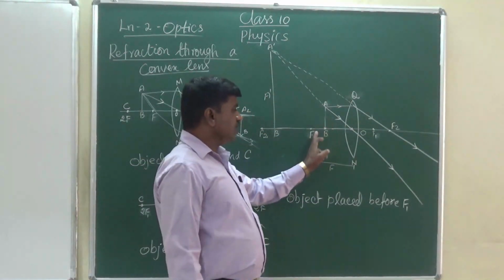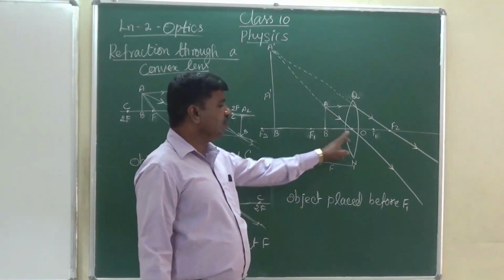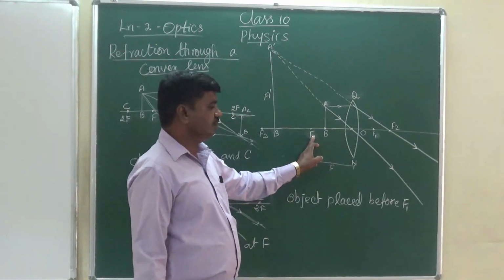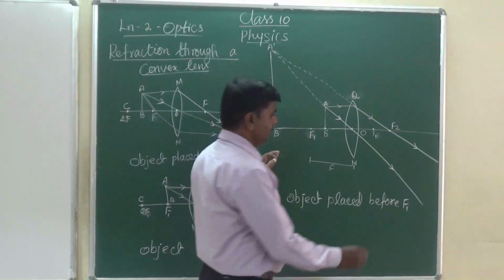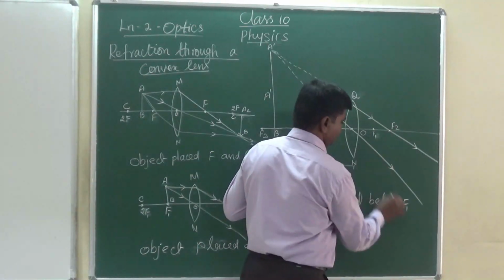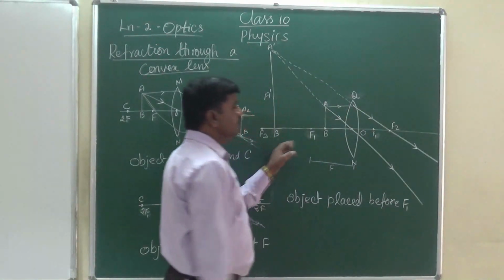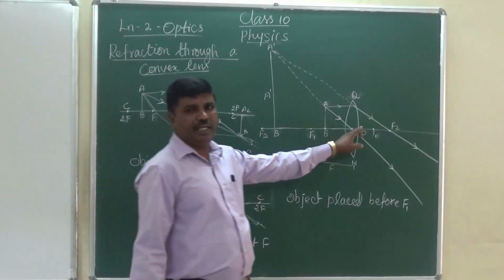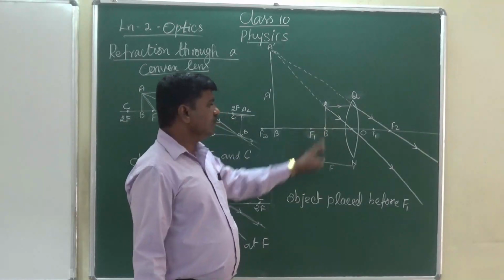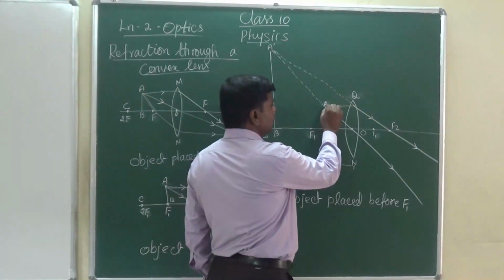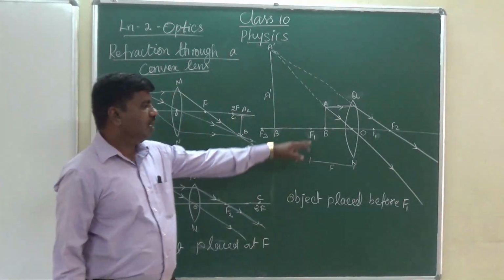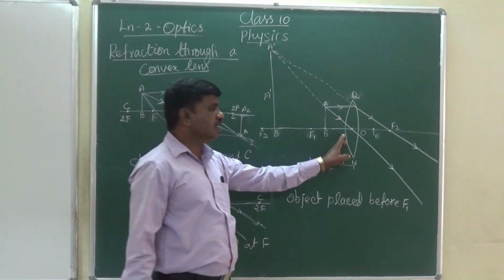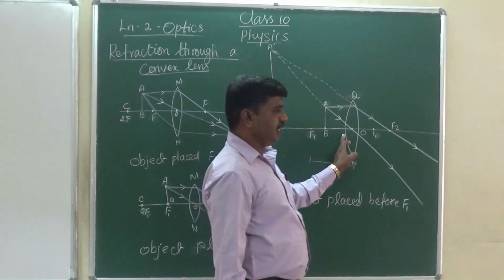The source we are keeping in between the focal point F and the lens. Here the rays are parallel to the optic axis.